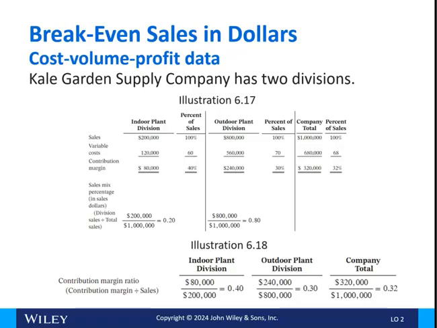Then to get the contribution margin ratio, it's contribution margin divided by sales. So we had indoor plant 80,000 divided by 200,000, it's 40%. Outdoor $240,000 divided by 800,000 is 30%. And then we recalculate on a company total the $320,000 contribution margin divided by $1 million in sales, 32%.